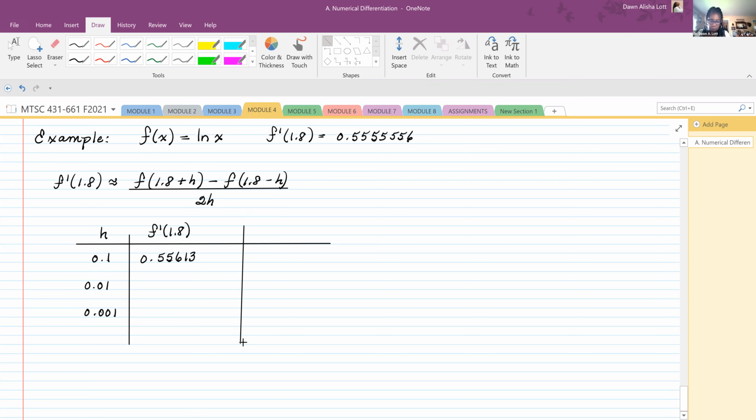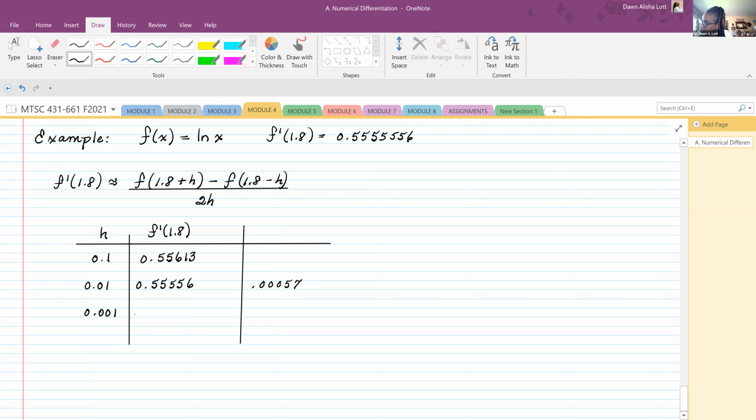And so now I let h decrease by 10. So now I get 0.55556, and this error is 0.00057.